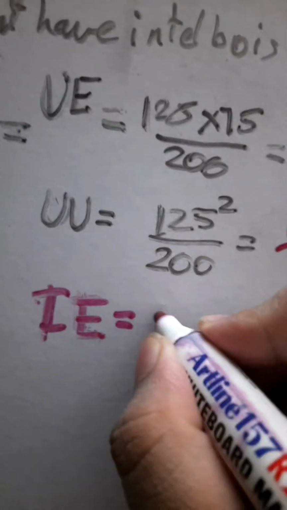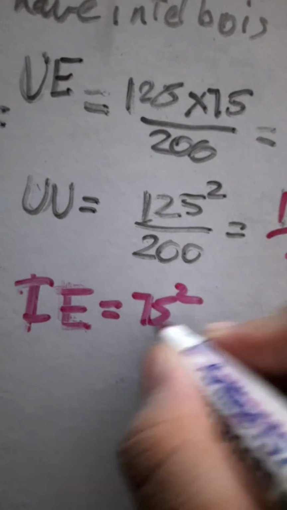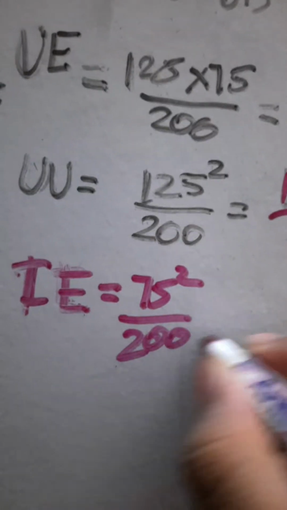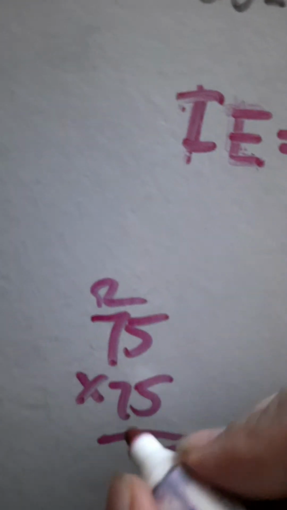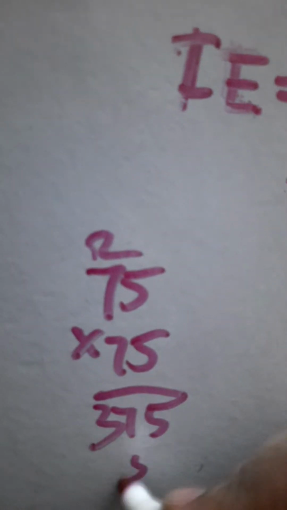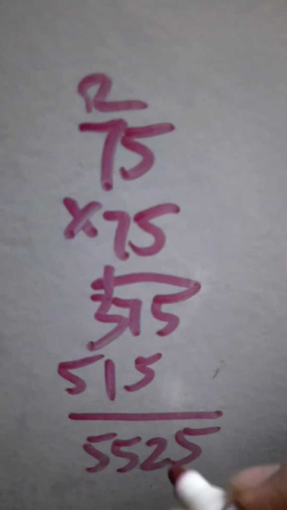Okay, so 75 square we have to take, divided by 200. 75 into 75, 5 times 5 is 25, 7 times 5 is 35, 49, 5, 7, 5, 1, 3, 2, 5, 5, 5, 5.